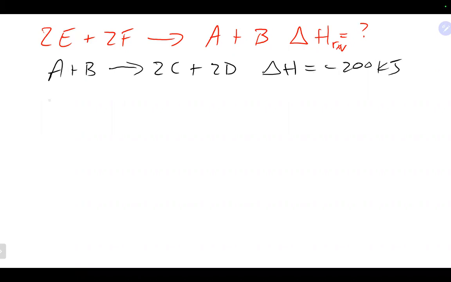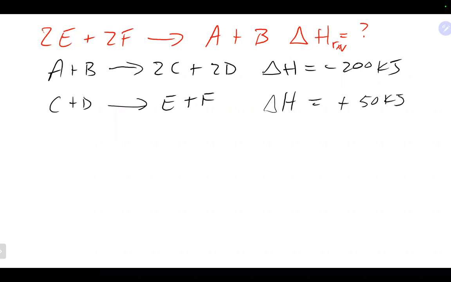And then C plus D goes to E plus F. Delta H for this one is positive, say 50 kilojoules in this case. So what we're looking to do is build the top equation, and use the other two equations to figure out the delta H of the top equation.